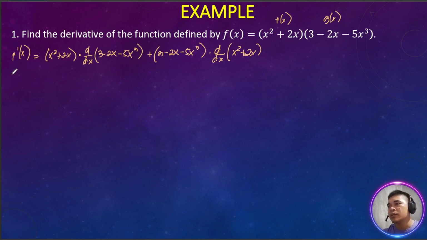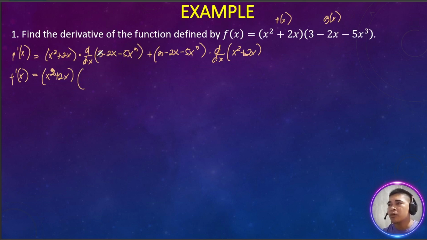Okay? So, it looks complicated, pero kung anamo nimo, you can get the final answer easily lang. Okay, now, since our d over dx here is trinomial, you need to apply the sum and difference.